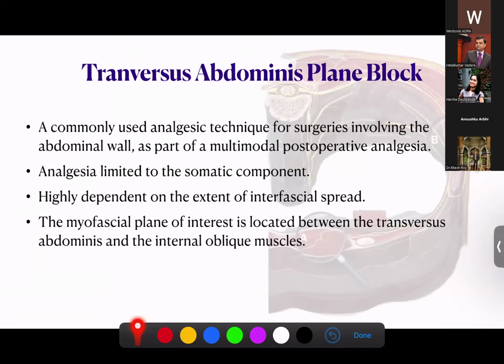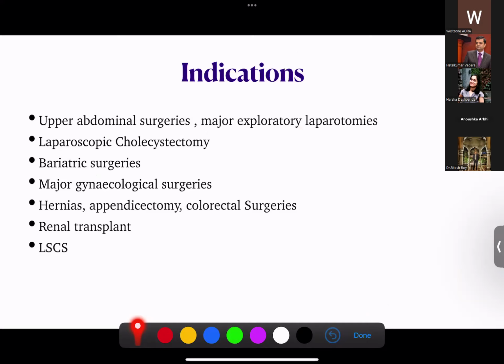Now we'll come to the transversus abdominis plane block. It is a commonly used analgesic technique for surgeries involving the abdominal wall as a part of multimodal postoperative analgesia. As said before, it is limited to the somatic component. It is highly dependent on the extent of the interfascial spread, and the myofascial plane of interest, as the name suggests, is the transversus abdominis plane between the internal oblique and the transversus abdominis.